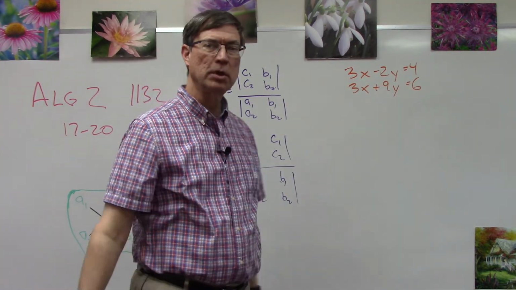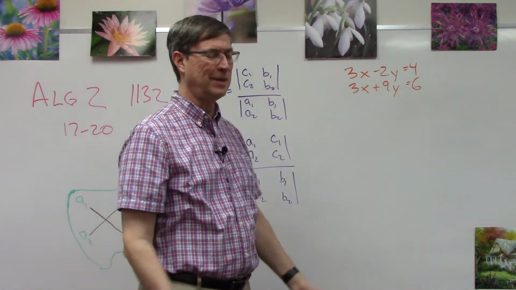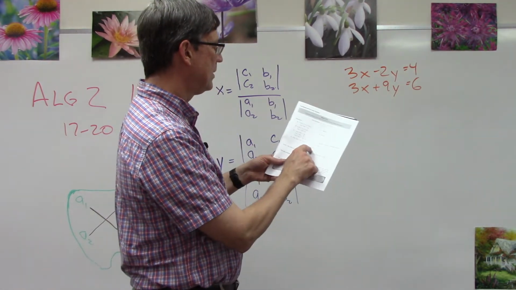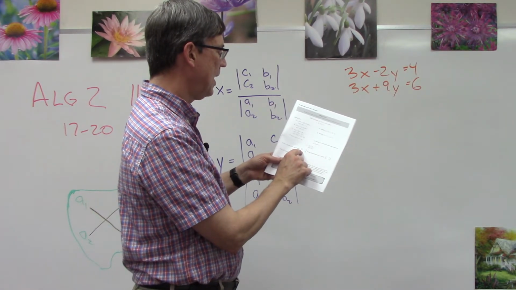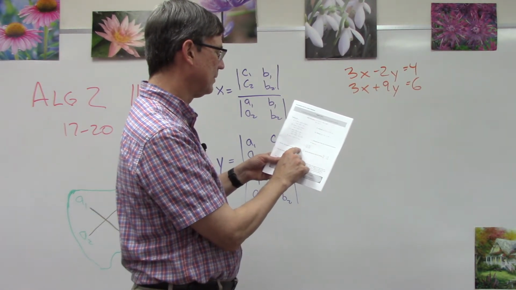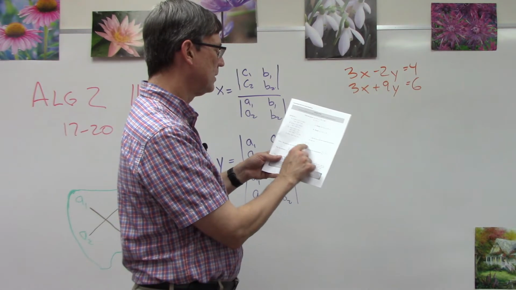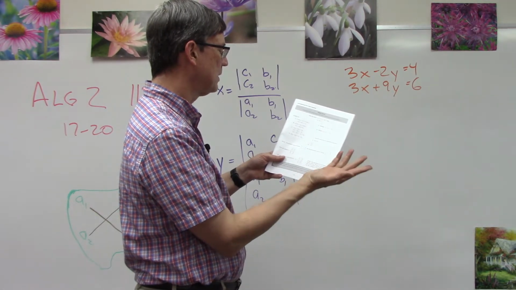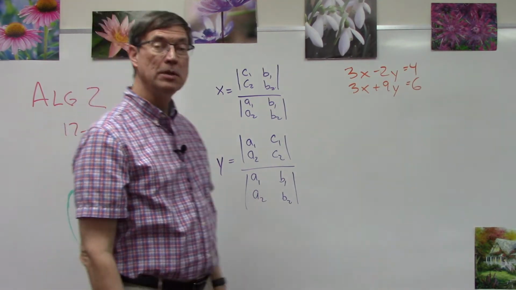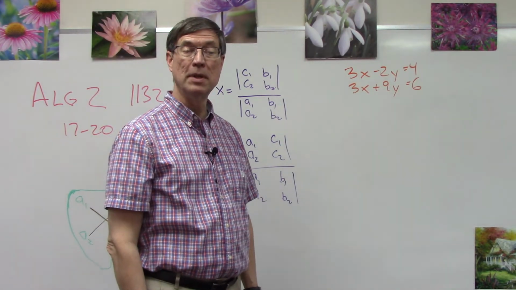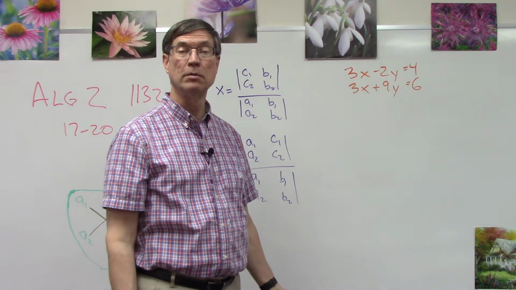Then they jump to the conclusion that this can actually be written as a matrix, and this can be written as this matrix. And then we can solve it using the rule for determinants and get our answer, okay?